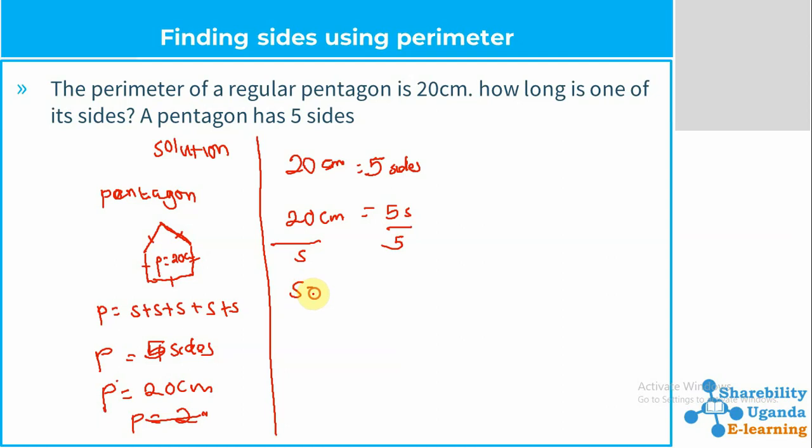So our sides should be equal to, this cancels, we get 4 centimeters.